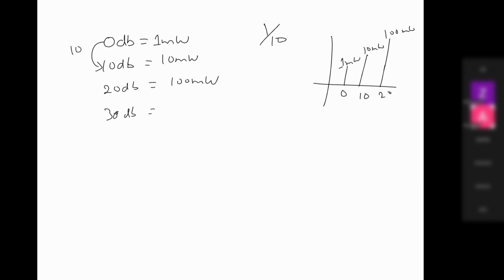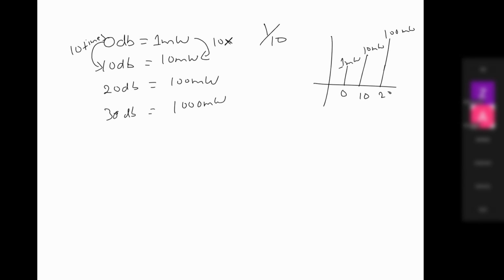So 1 milliwatt was there and it increased 10x. You increased this 10 times and your milliwatt is going to change 10x here. So how are we arriving at this, like 20 dB is 100 milliwatt, 30 dB is 1000 milliwatt? How are we arriving at this value? That is what we are going to see now.